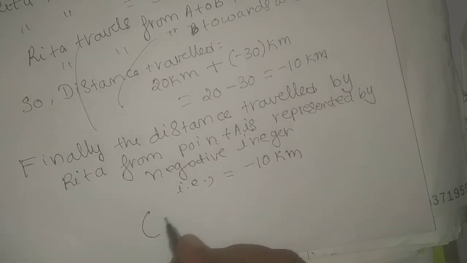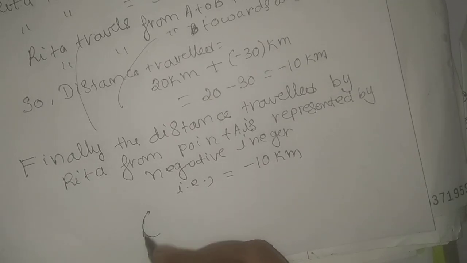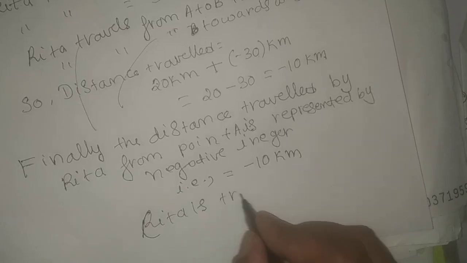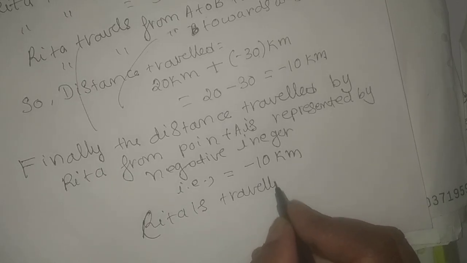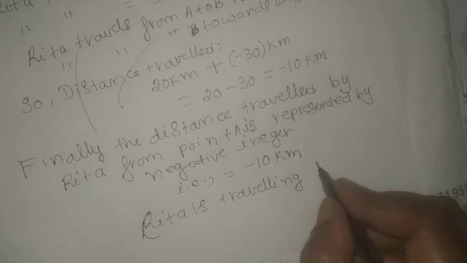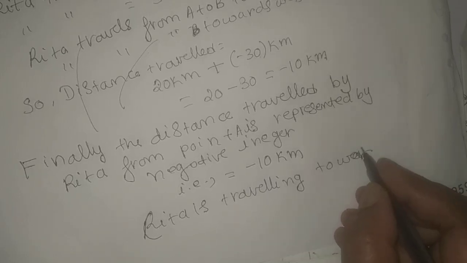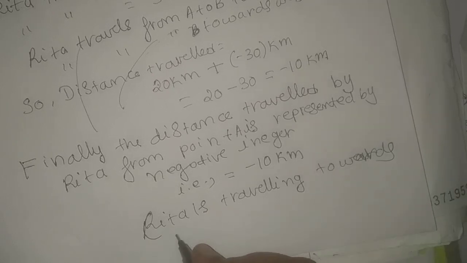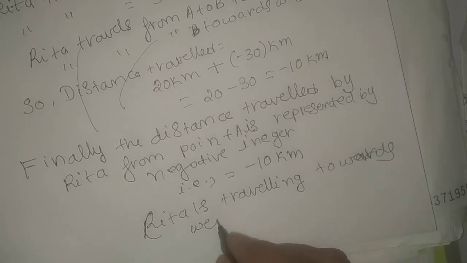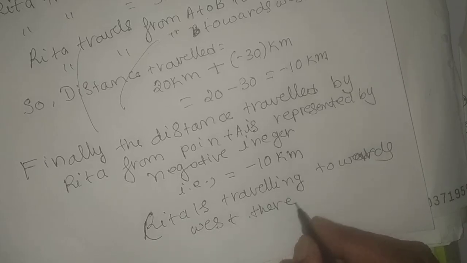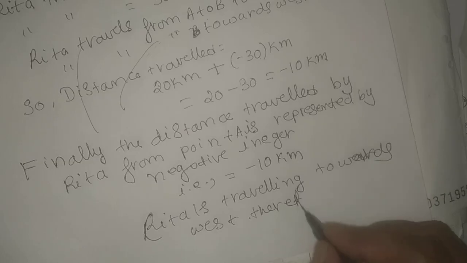So why minus? Because Rita is traveling towards west, therefore it is a negative integer.